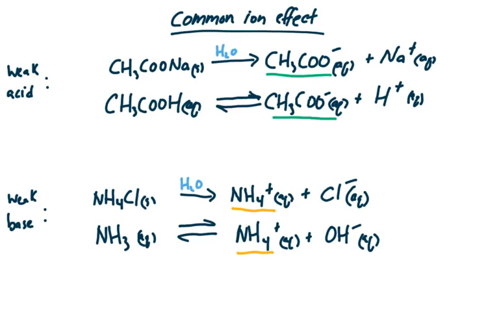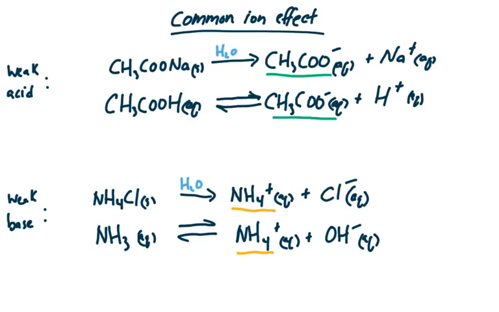Now, if you remember from previous topics where we talked about equilibrium and Le Chatelier's principle, what's going to happen, do you think, when the concentration of acetate ions is increased in solution as a result of the sodium acetate that's been added? Well, as the concentration of this increases, this reaction here, which is in equilibrium, is going to be pushed to the left.